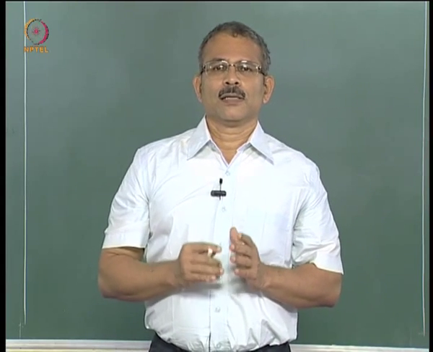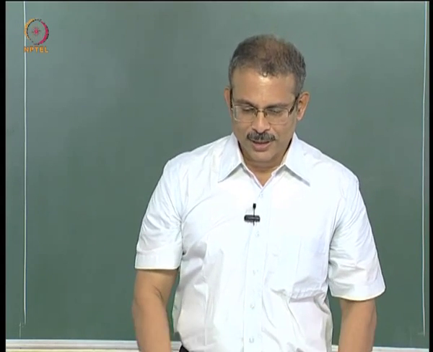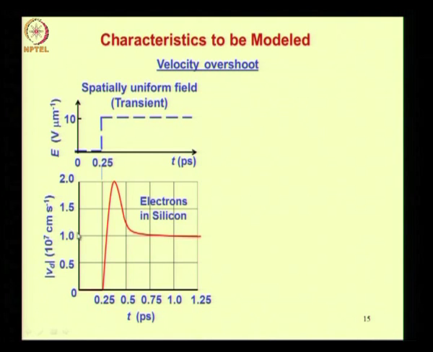So here the slide shows the response of the electrons, so electron velocity. What you find is the velocity increases linearly with time and then it overshoots the saturation velocity. So there is a region where the velocity decreases with time and then it saturates. So we would like to explain how this whole curve arises.